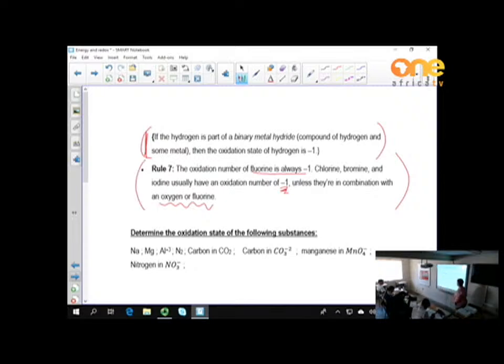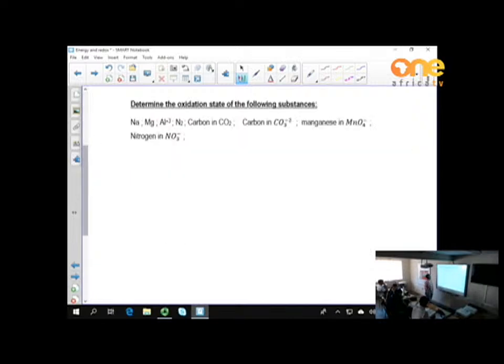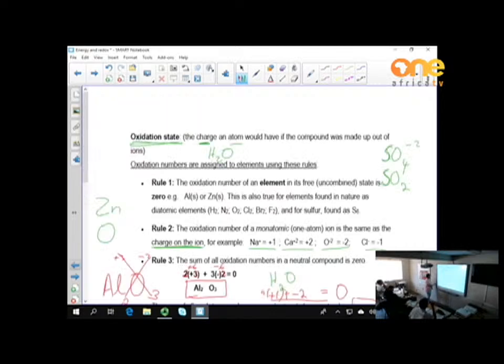So here is just a short exercise. I want to do it with you. Determine the oxidation state of the following substances. Sodium, an uncombined element, would have an oxidation state of? Zero.